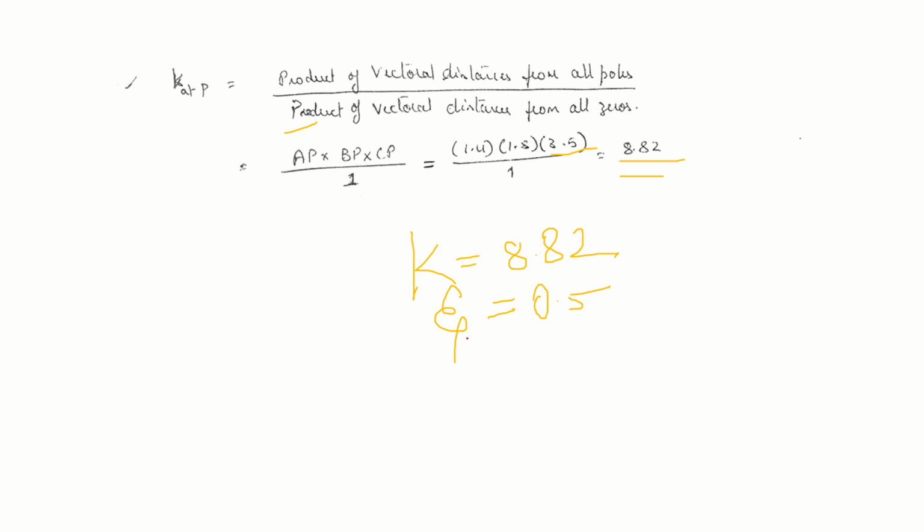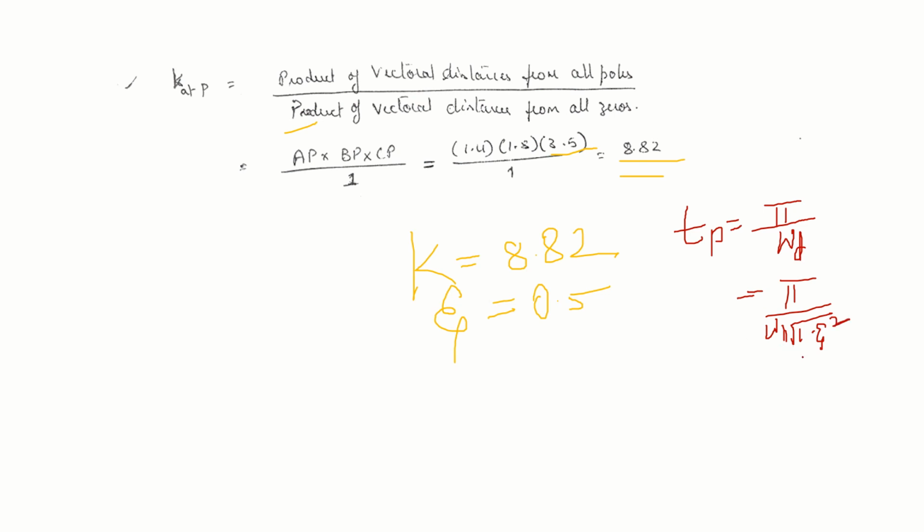Now for this K value, for this zeta value, what is your peak time? Tp is equal to pi by omega d. Omega d is nothing but omega n under root 1 minus zeta square. You know omega n now, zeta also you know, so you can do it.